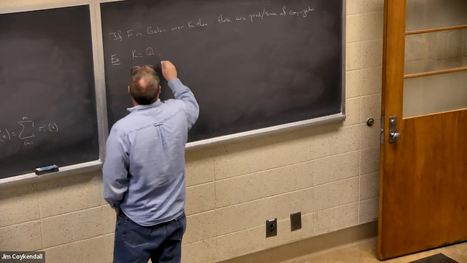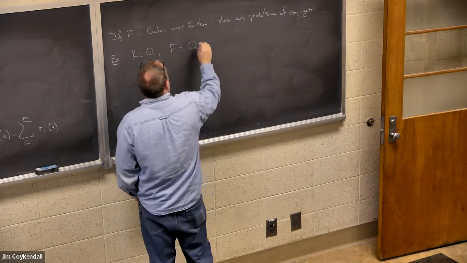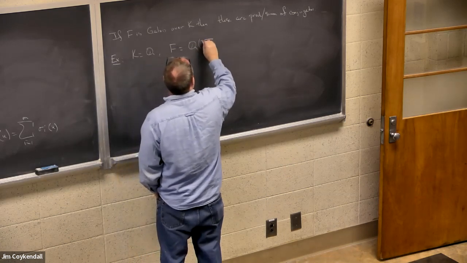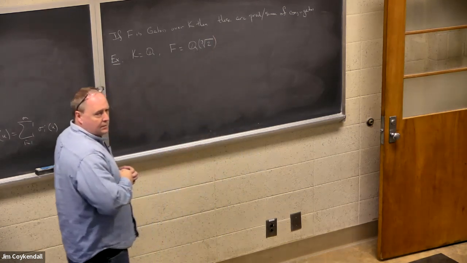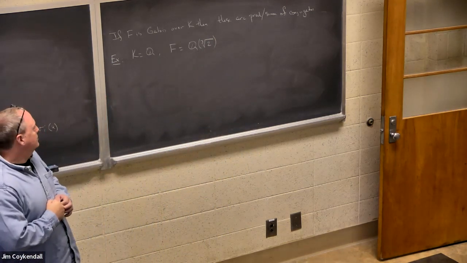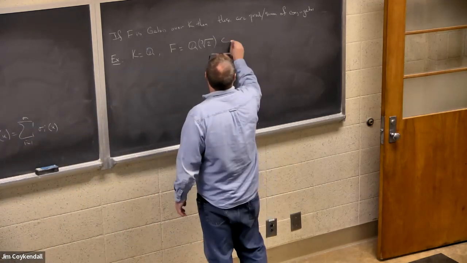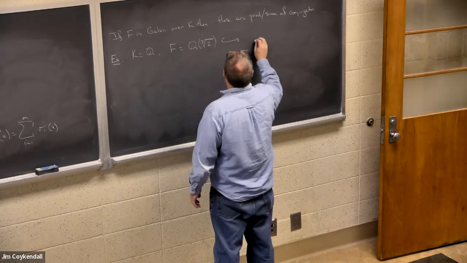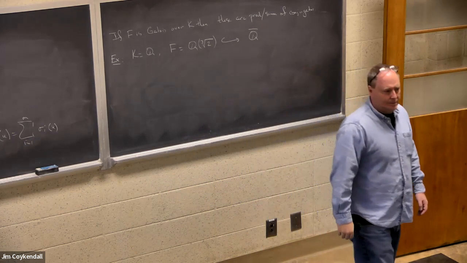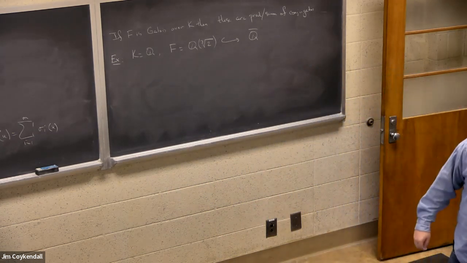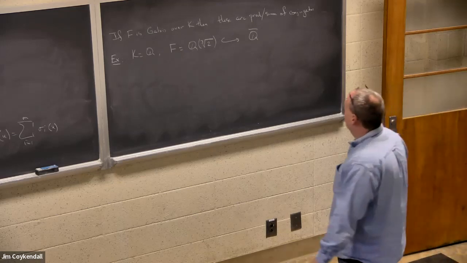Take K equal to Q and F equal to Q adjoined the cube root of 2. So you're asking yourself how many embeddings there are from F into the algebraic closure of Q, how many embeddings into the complex numbers. You can think of it that way as well, right?